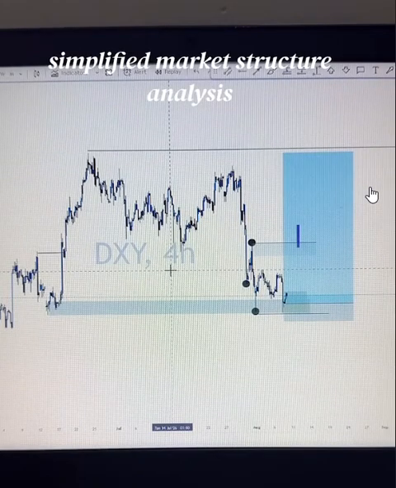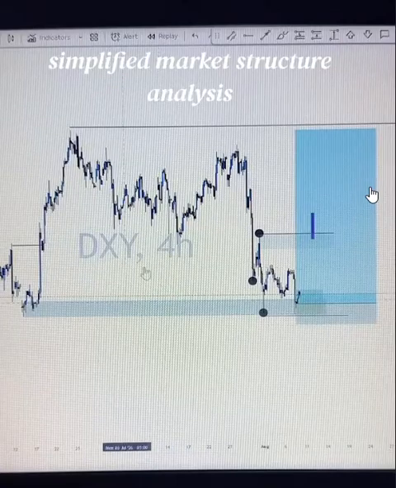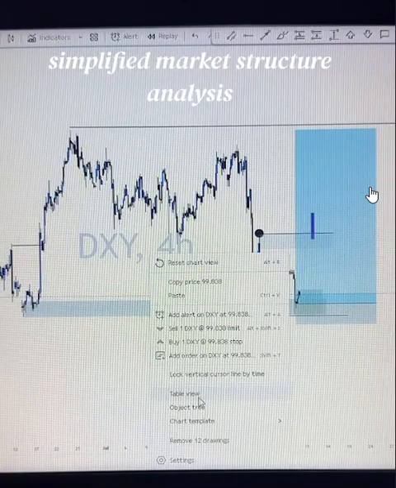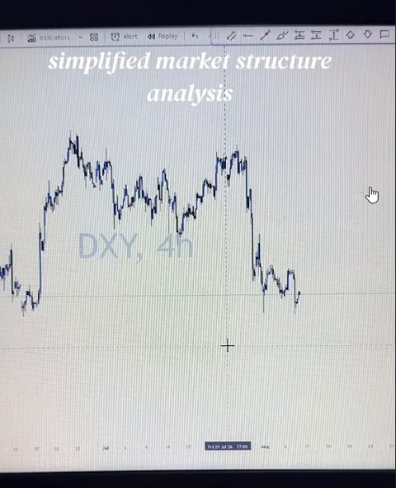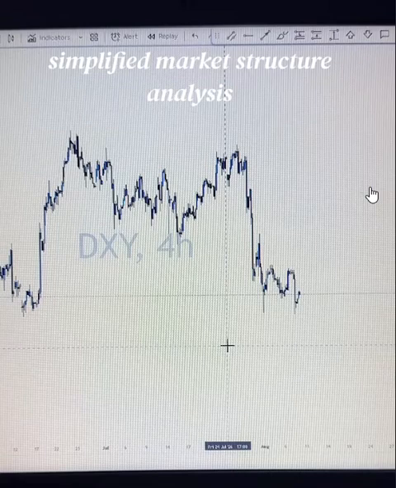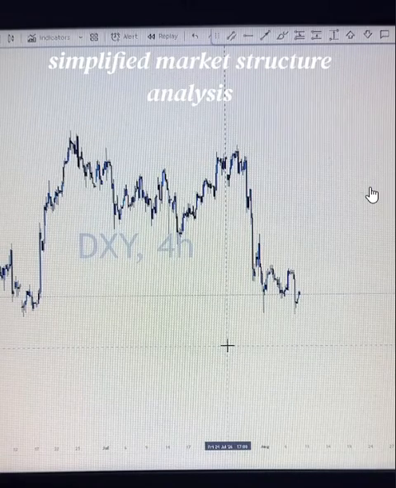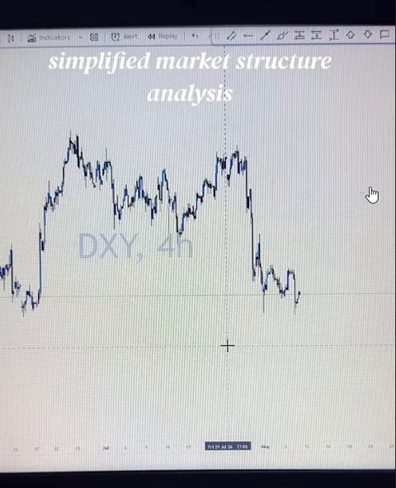So to analyze the DXY, what do we do next? First thing first is clearing our chart. We want to clear our chart so that we can see clearly what price is doing, where price is coming from and where price is going.